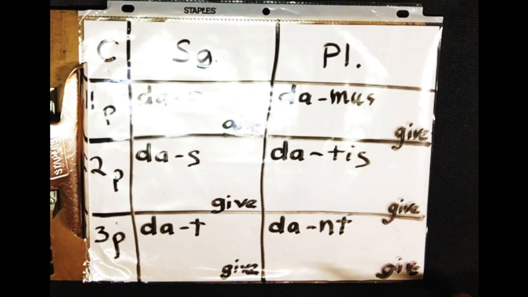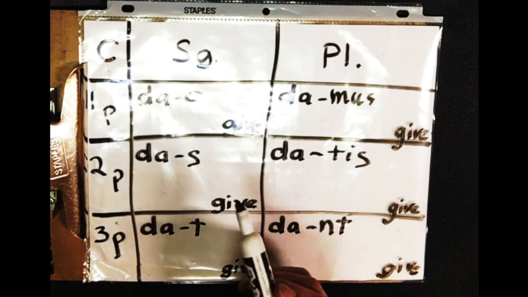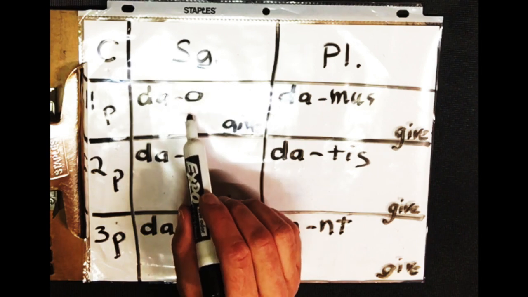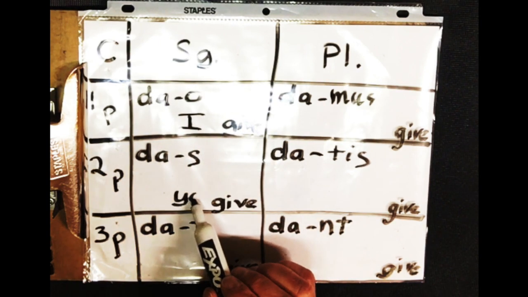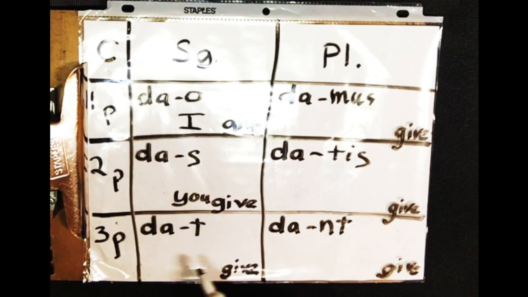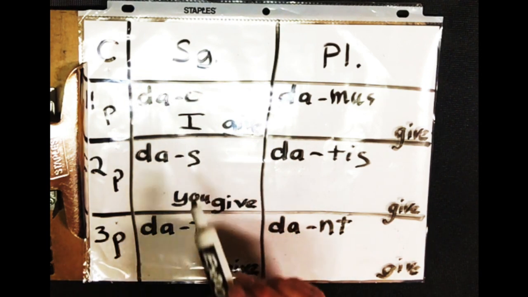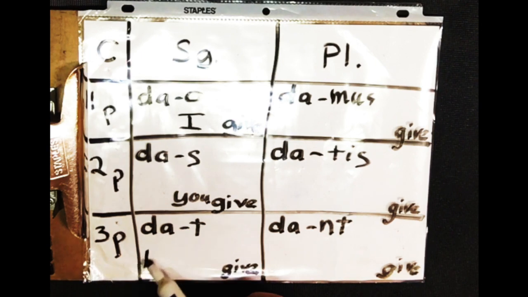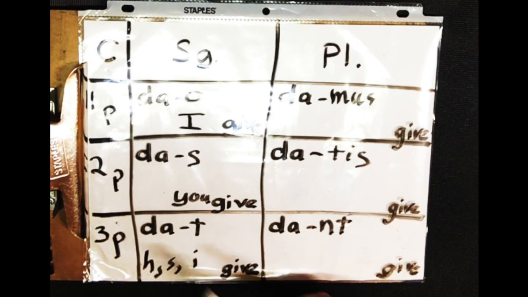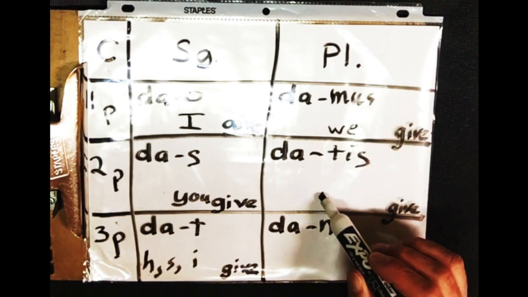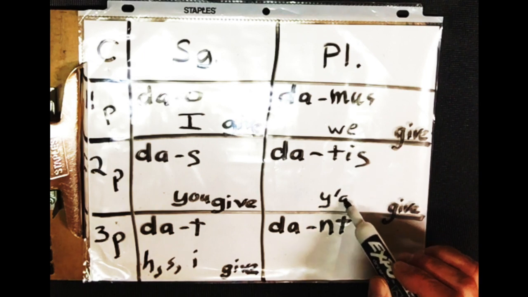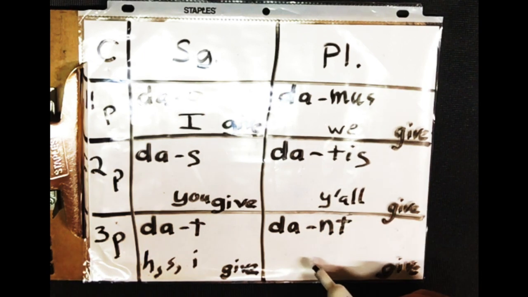Now, the English part of the endings. I, you, he, she, you can abbreviate, that's fine, or it, we, y'all, they.